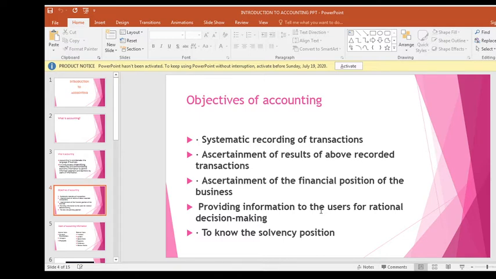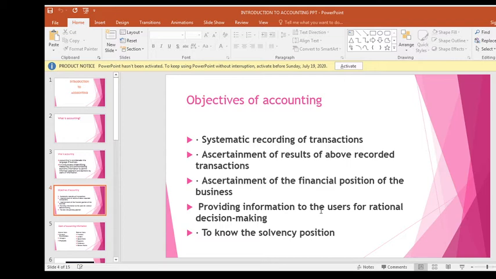Another objective of accounting is providing information to the users for rational decision making. Just as the definition indicated, accounting involves identifying, measuring, and communicating important economic information to the end users so that they can make the decisions they want to make with regard to the organization.